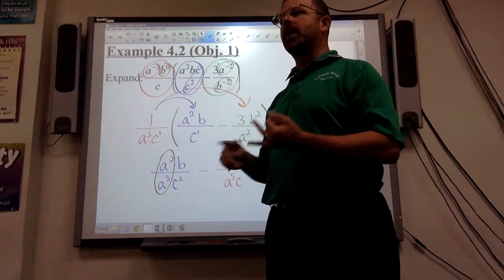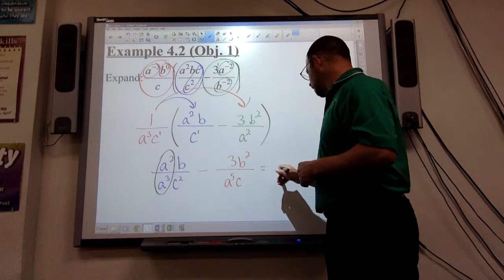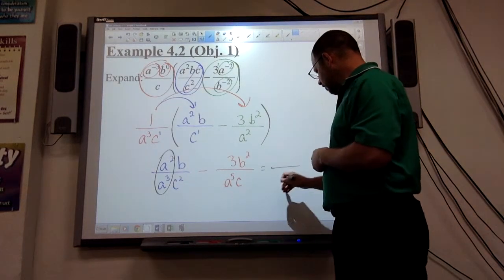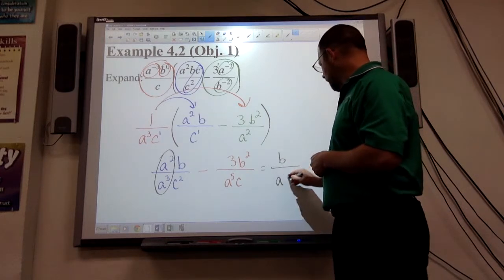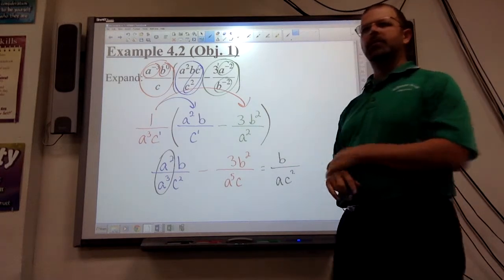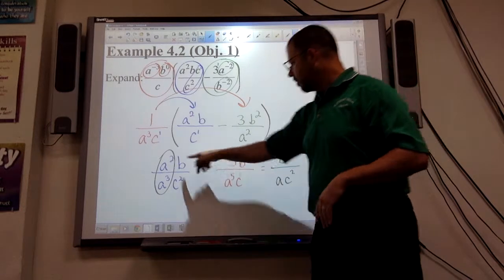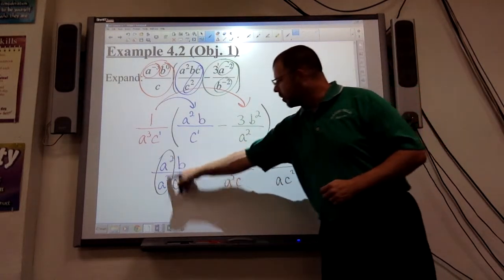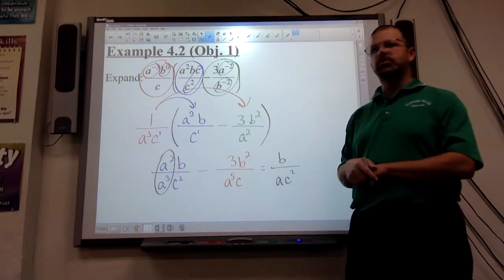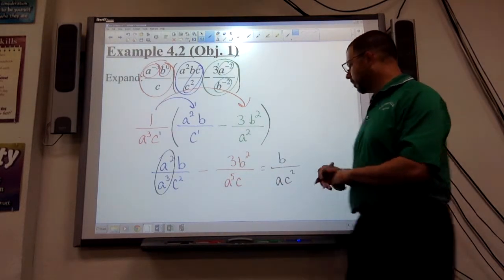Too many of the same letter or negative powers. Those are the issues we're going to deal with here. So if we fix that, Emilio says A to the first power on the bottom, which is exactly right. And then the B and the C squared are behaving themselves, so they stay right where they're at. Again, if terms are behaving themselves, don't mess with them. So B is to the first power, only B. C is to the second power, it's only C. Too many A's, bigger power on bottom. Subtract the powers. 3 minus 2 is 1.